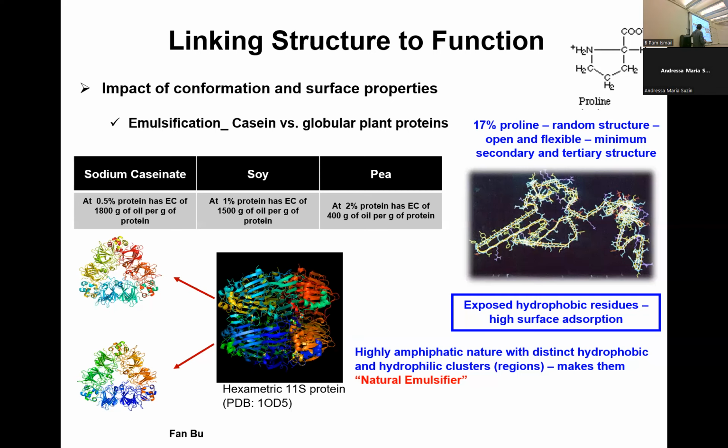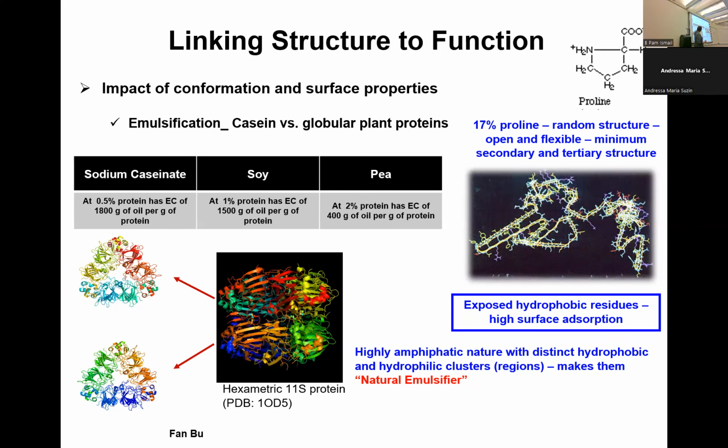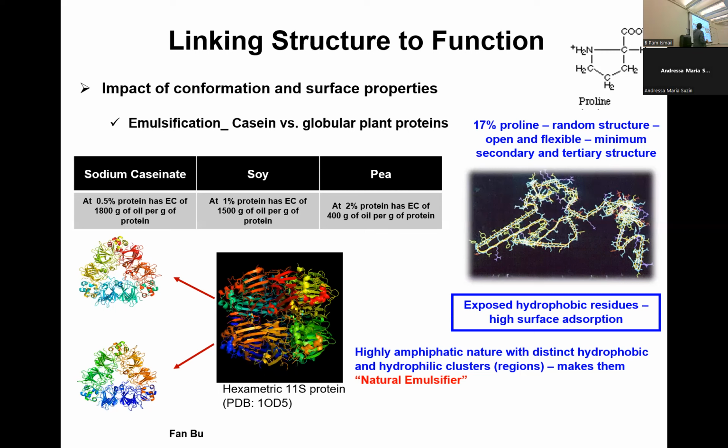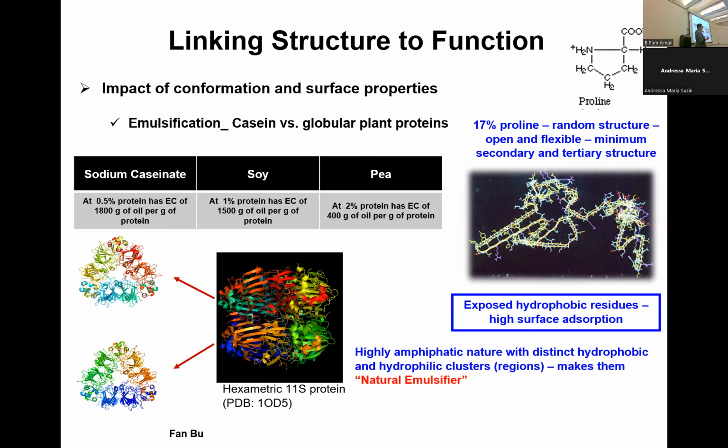So we need some form of manipulation. Nevertheless, we require at least 1% protein solution in order for it to emulsify. So it's not as flexible and fast moving to the interface, and doesn't have that big of a capacity.